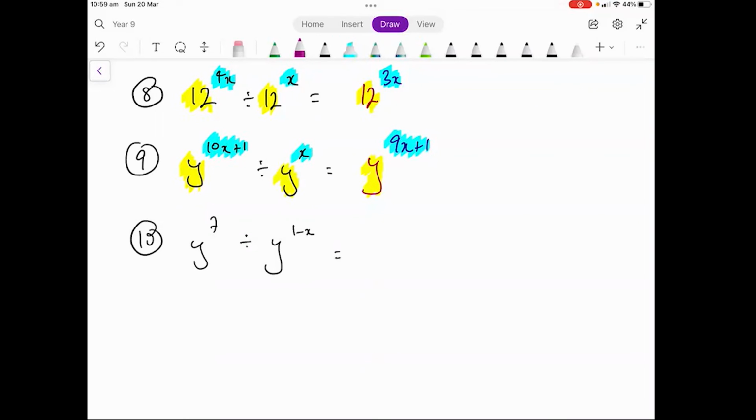Question 10, once again a little bit similar. The base is y, so we leave it as y. Our first power is 7. Our second power is 1 minus x. So we need to do 7 minus all of 1 minus x. We need to put that in brackets. So that's where it gets a little bit tricky. And then we need to expand the brackets.